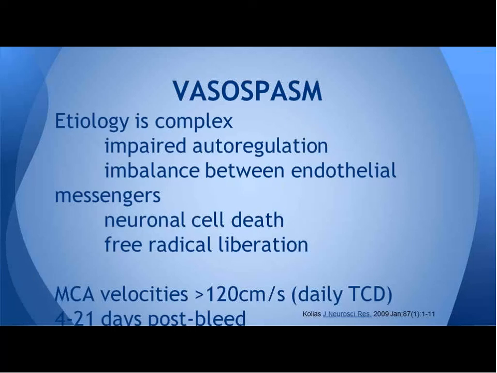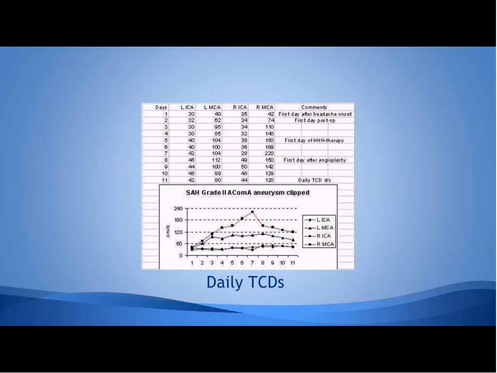But we're actually looking at even the more subtle changes. When the TCDs are done, basically each day in the chart, the ultrasound tech will come in, look at the velocities of the major blood vessels in the head, and then record them. And you'll look at what the general trends are.